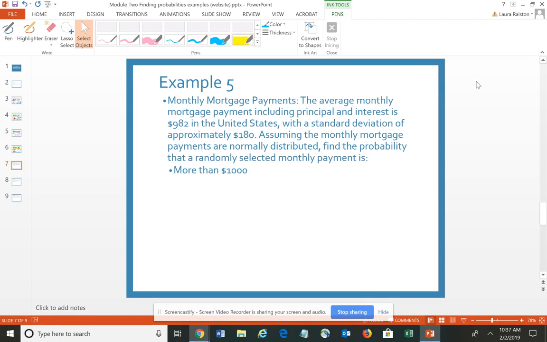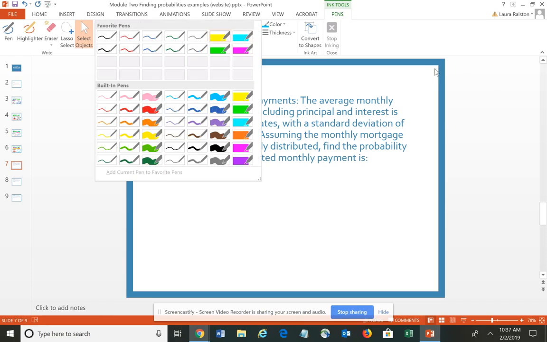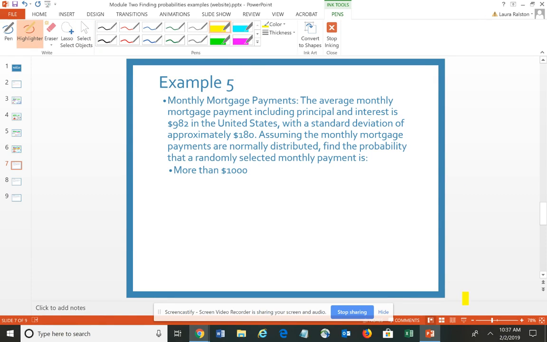First of all, they tell us to assume that the payments are normally distributed. They tell us that the average is 982 and the standard deviation is approximately 180.